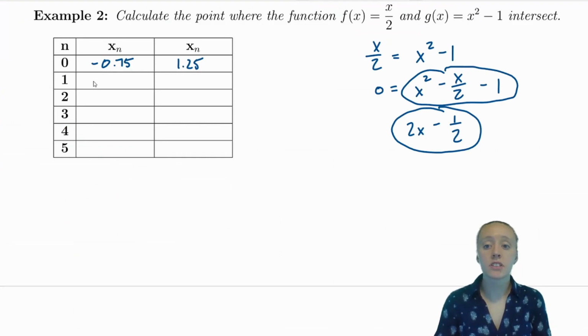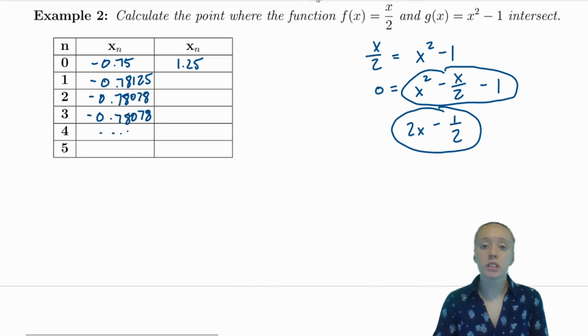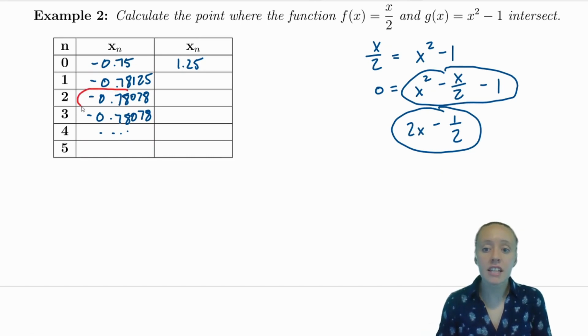So after negative 0.75, we got negative 0.78125. And then from there, that's when we started getting our repeated value of negative 0.78078. And then that repeated. So that first root, or in this case, our first intersection point, is negative 0.78078.